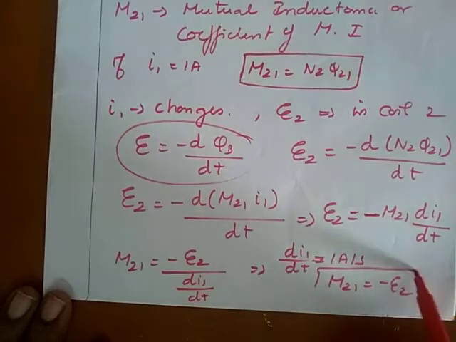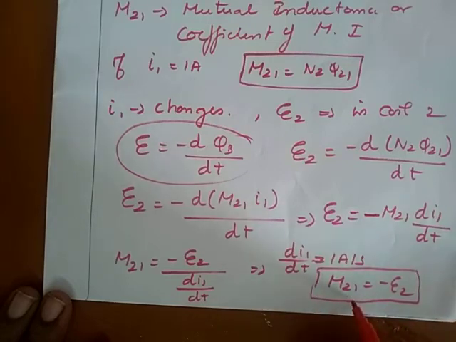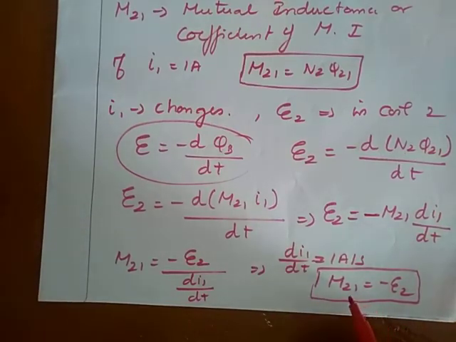So the mutual inductance of coil 2 with respect to coil 1 is defined as the opposing EMF in coil 2 when the rate of change of current flowing through coil 1 is 1 ampere per second. This definition is in your book.